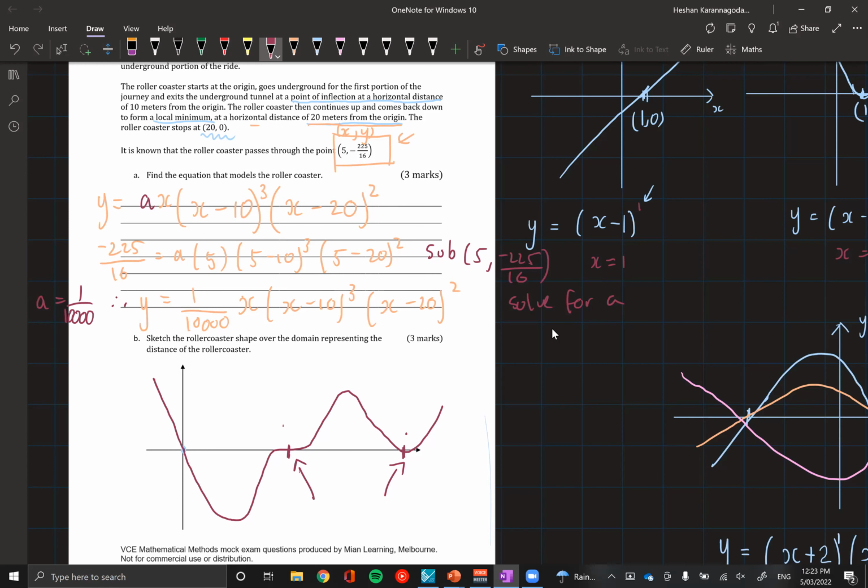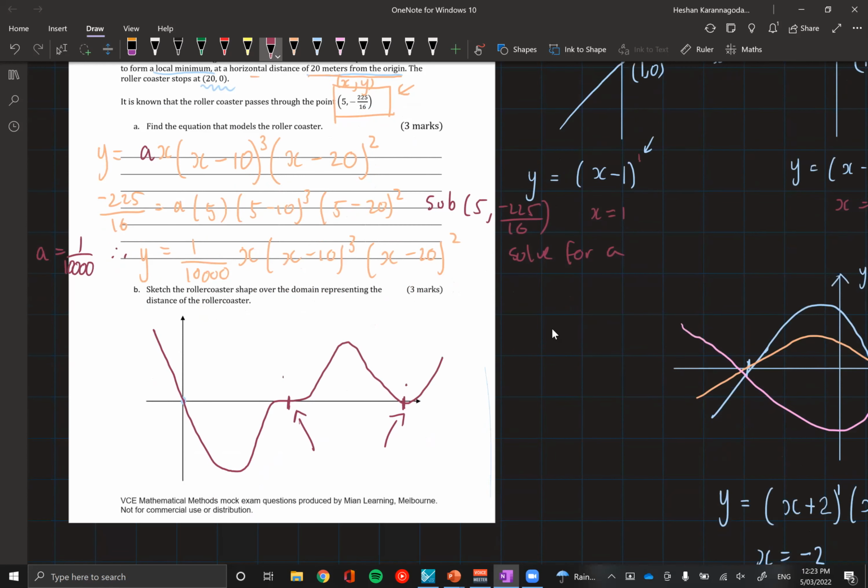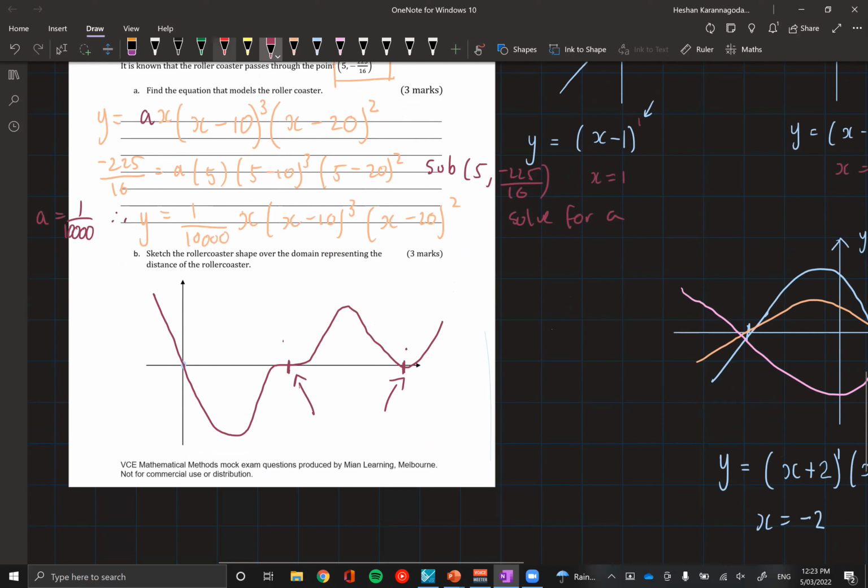Do you have anything to add? Yeah. One thing, a lot of people try to substitute in a point that's part of the intercepts, part of our model. For example, because we know the graph passes through the origin, they try to substitute in 0, 0 to find our a value. But you can't substitute in any point.